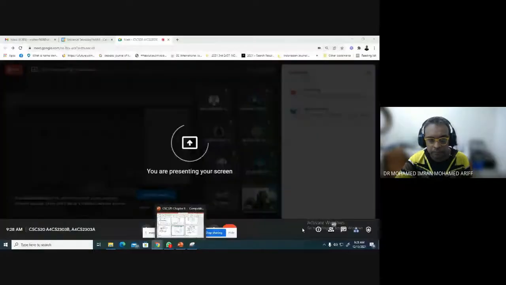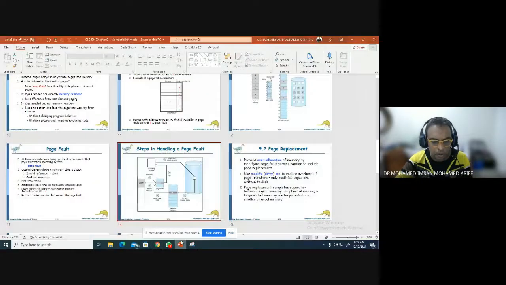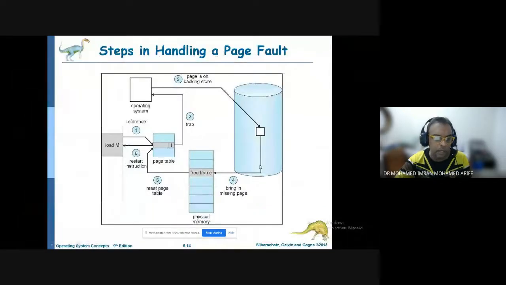Okay, let us continue. All right, so let's go back to page 4 here. If the CPU requests a particular file of interest, first it will check with the page table. If it is there, okay. If not, then it will set a trap or interrupt to your operating system.